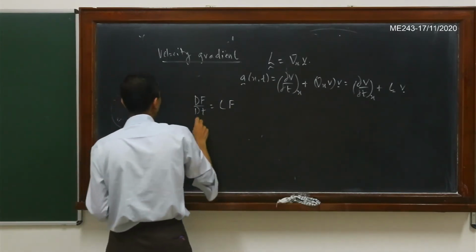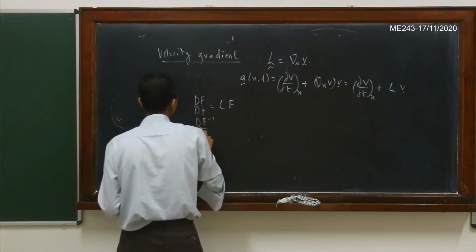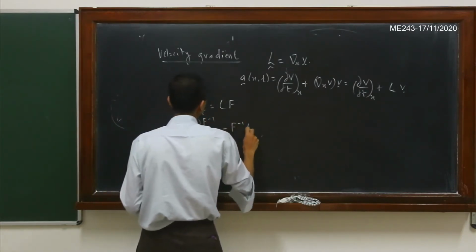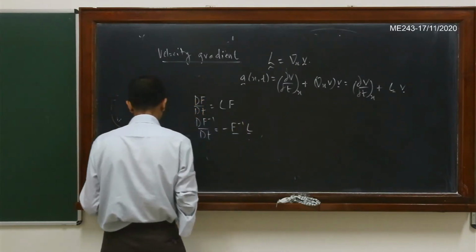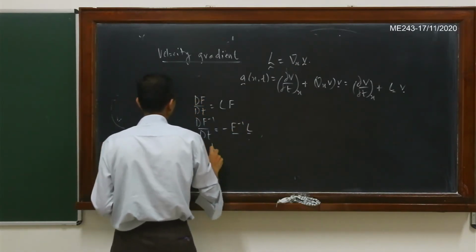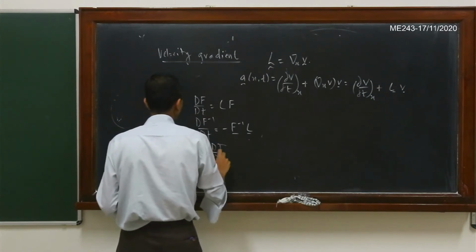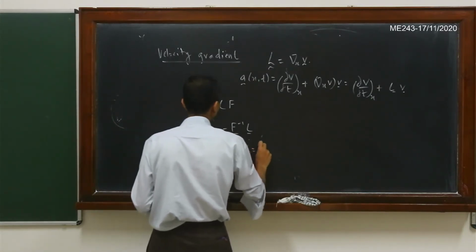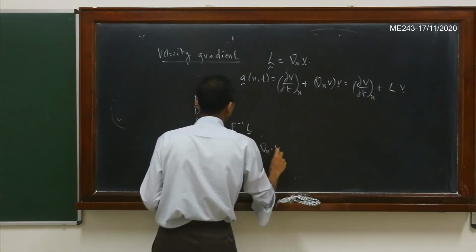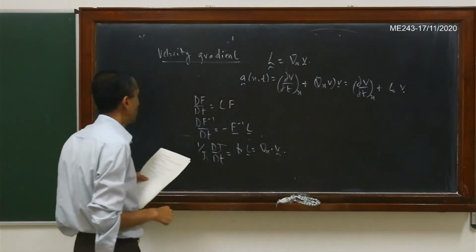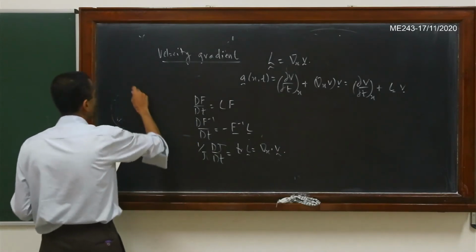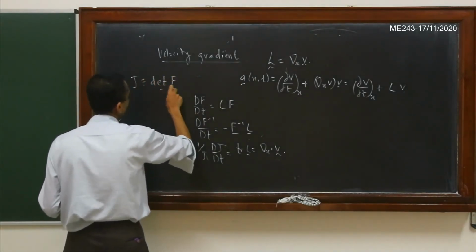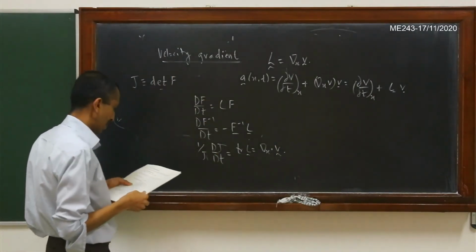Then d of f inverse by dt is equal to minus f inverse times L, and 1 by j times dj by dt is equal to trace of L, which is equal to del dot v, where j is nothing but the determinant of f. So we'll derive these relations here.